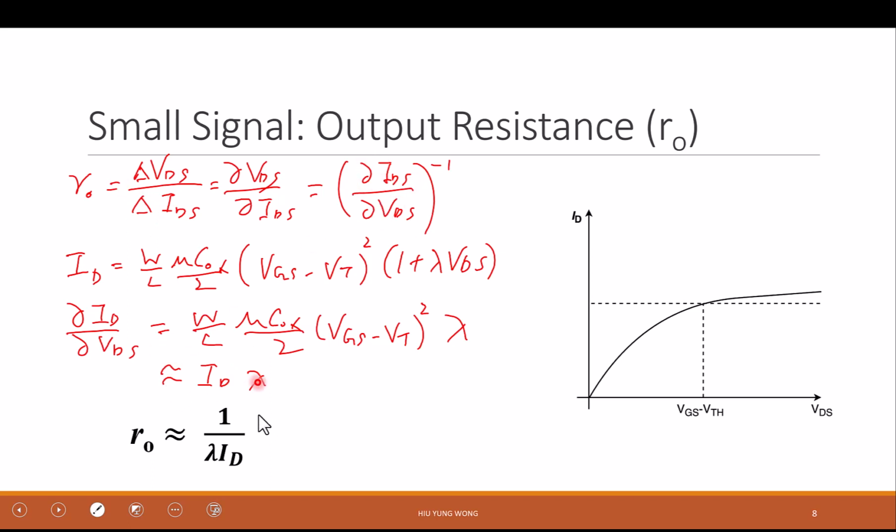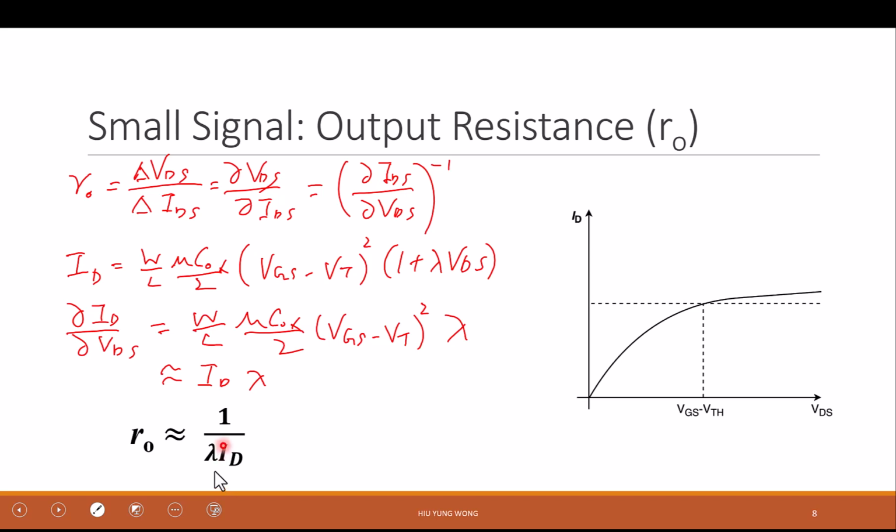So I get R0 equal to 1 over lambda ID. Here I get partial ID partial VDS equal to ID lambda. But R0 is 1 over the whole term, so this is 1 over lambda ID. Okay, so that is another equation you want to memorize.